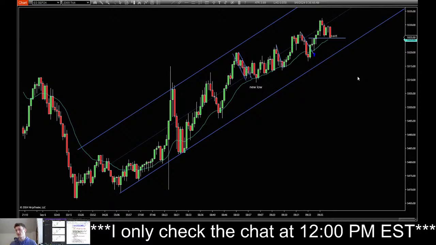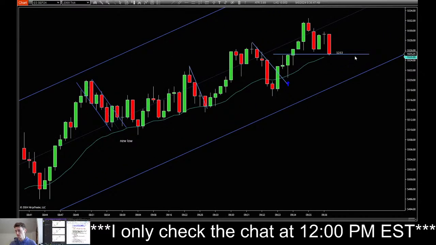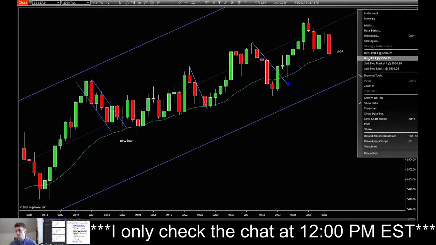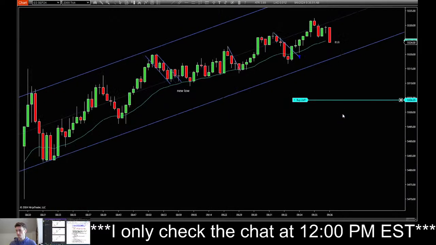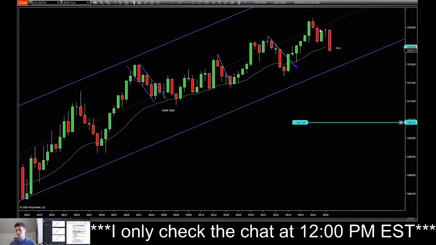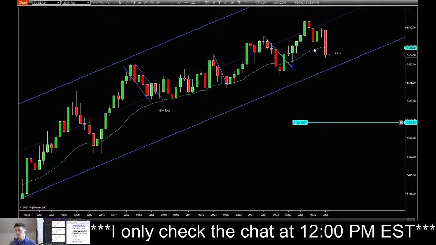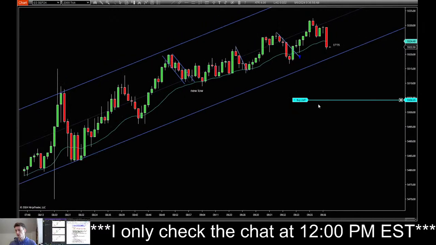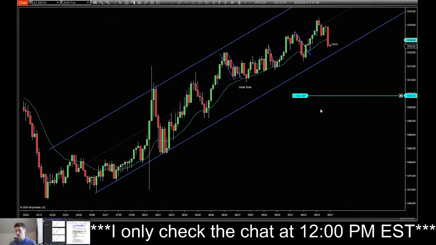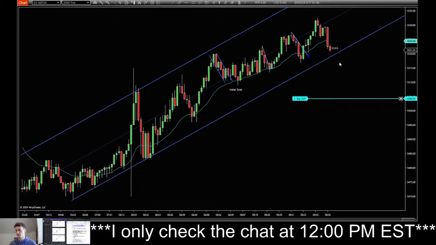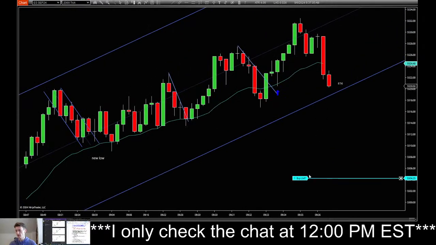Possibility for another second entry long here. First entry, and let's see, looks like we're going to close through the EMA, so probably best to wait on a higher low unless you get a really nice bullish bar through the EMA.